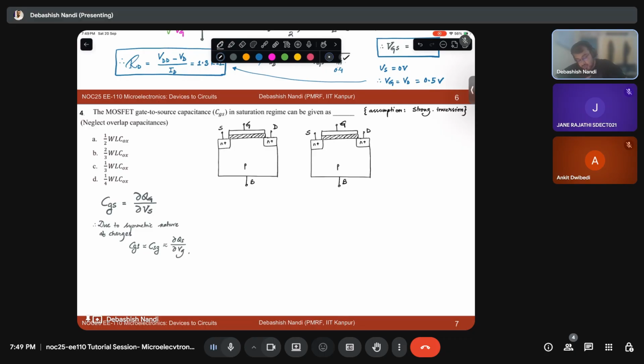So we'll consider two cases. One, we'll consider linear region, another we'll consider saturation region. Let's say for easier analysis or understanding, in one case VDS will be 0 volt, and in this case VDS equal to VDD.